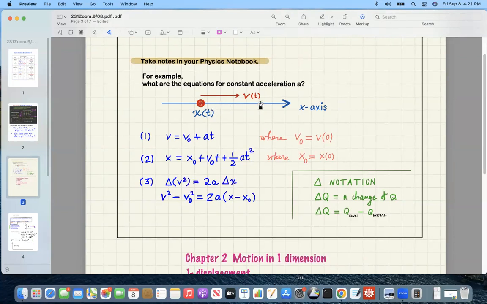If it's speeding up, the acceleration would be positive. If it's slowing down, the acceleration would be negative, because the rate of change of the velocity would be negative if the velocity is decreasing. Then, of course, the object could be moving to the left. In that case, the velocity would be negative.